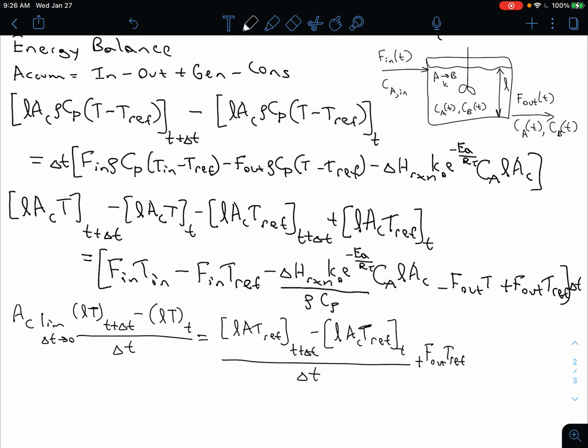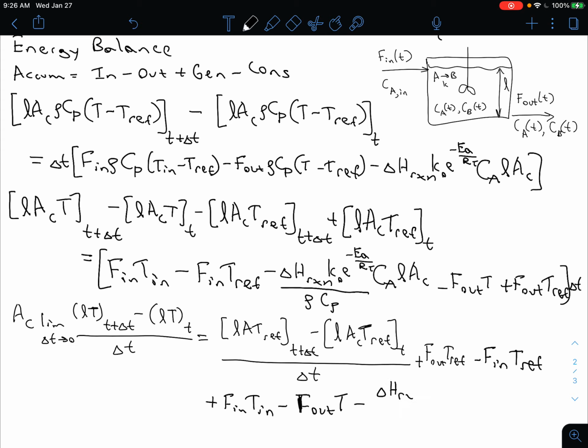And then minus F in T ref, and plus F in T in, minus F out T. I don't like writing all this delta, but okay, I'll write it this time so I can rearrange it.